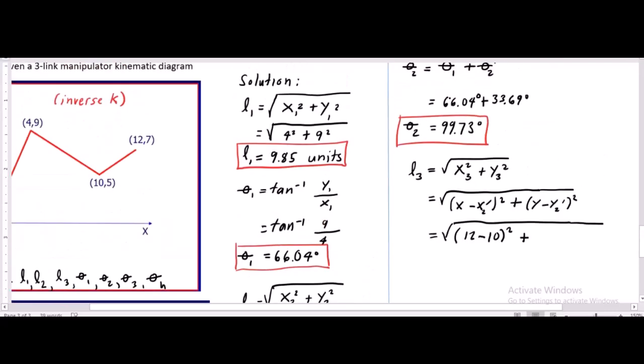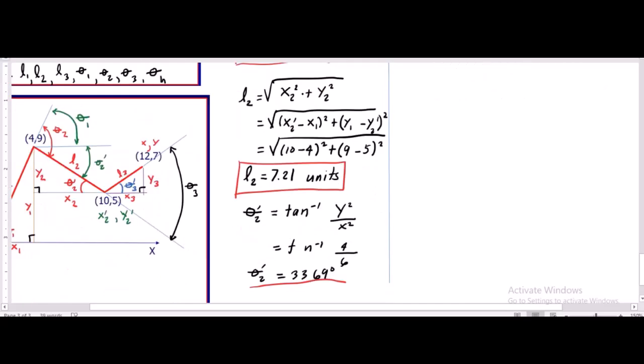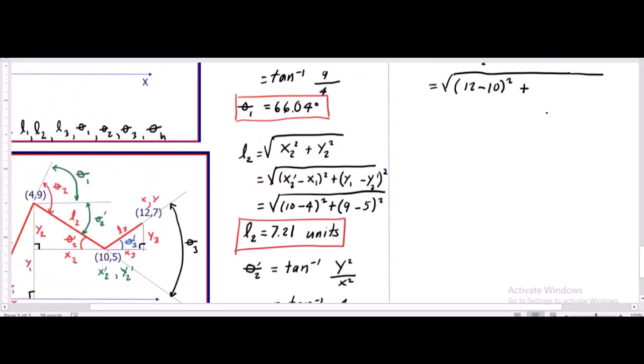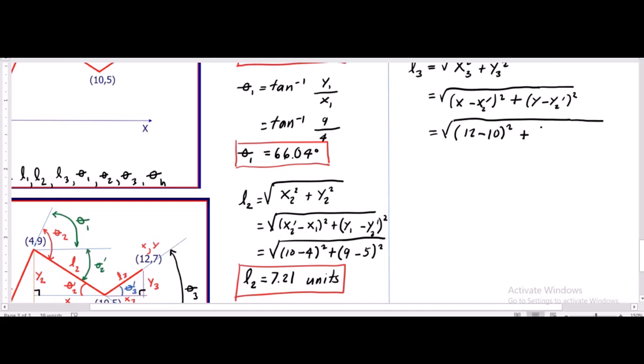Y minus y2 prime will give you y3. So that is 7 minus 5, 7 minus 5 square.